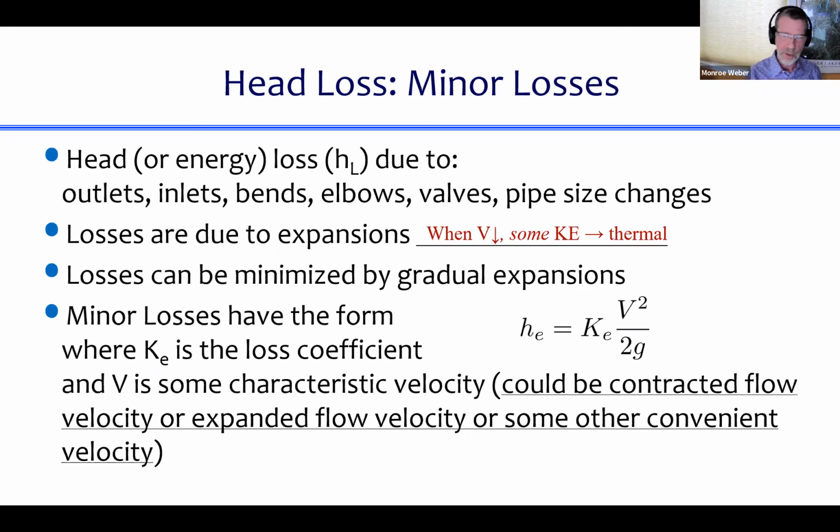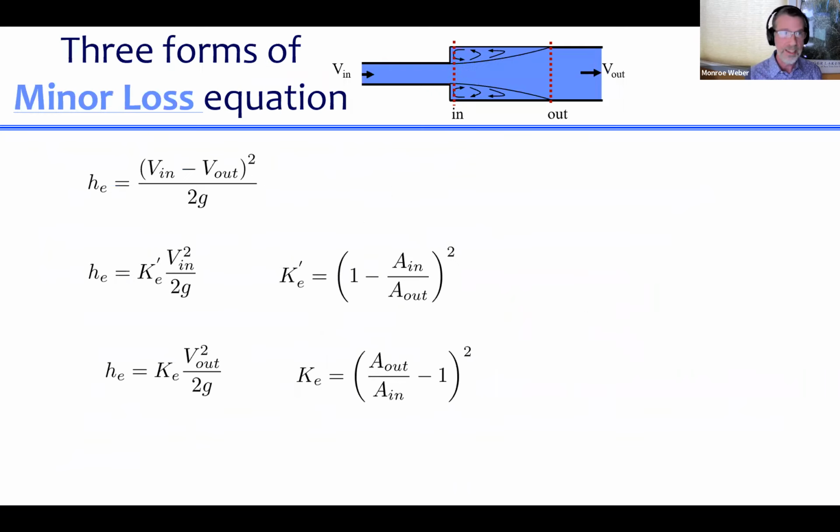It could be where the flow is fully expanded, or it could indeed be some other convenient velocity. The important thing is that you know what that velocity is referenced to, and that you make sure that your minor loss coefficient is calculated for that characteristic velocity.